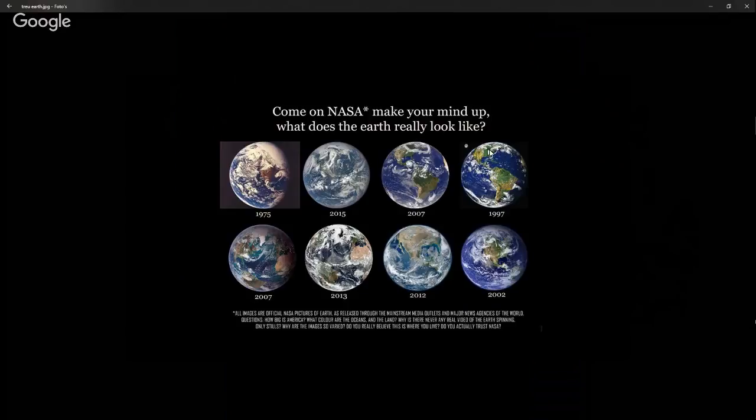But look at the continent here. Wait, is this the same? Here is the same. Yeah, I believe it's this one. But what is this? This is no Alaska. Anyway, let's take this one. The North America continent is twice as big as this one.